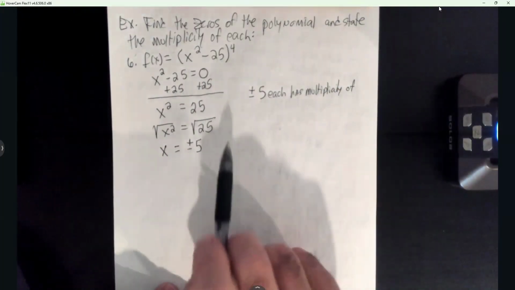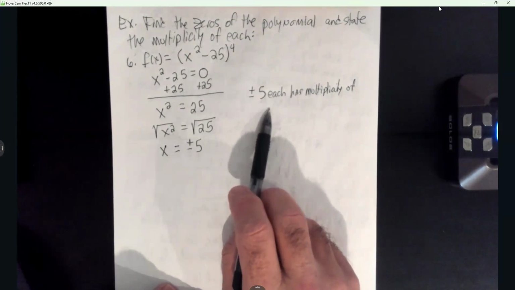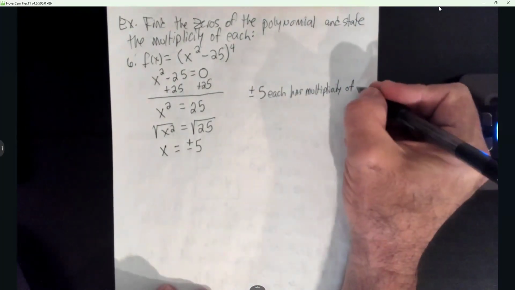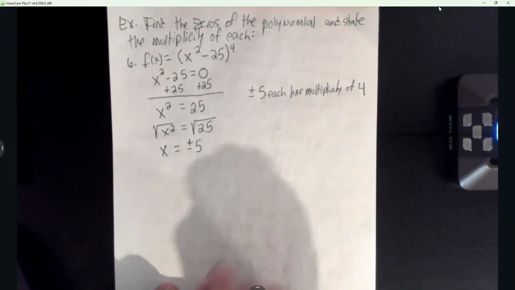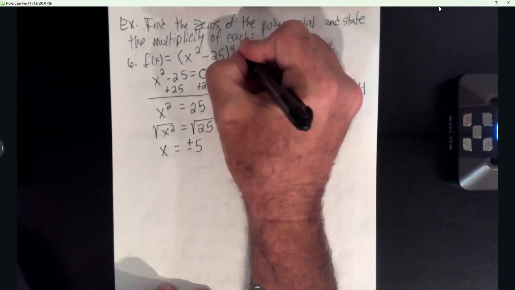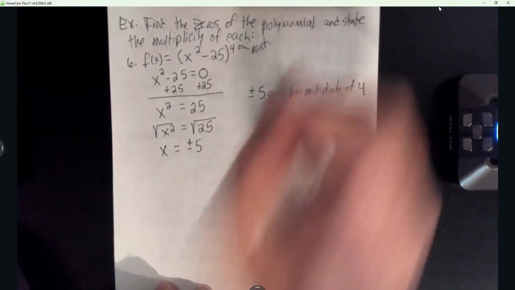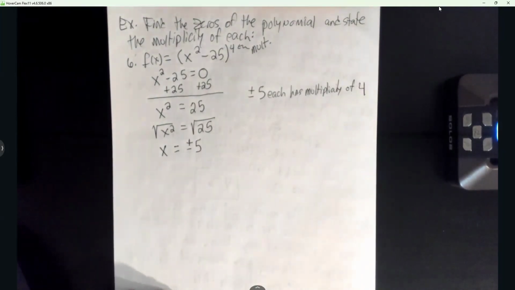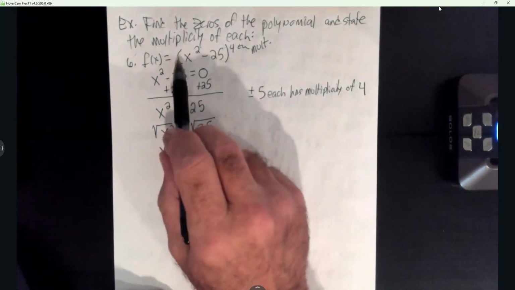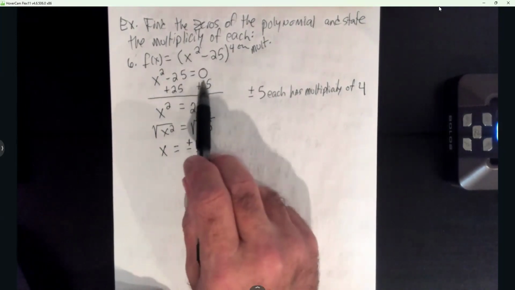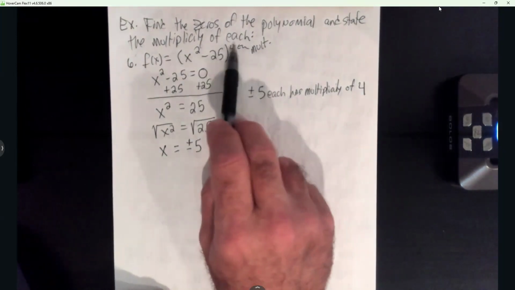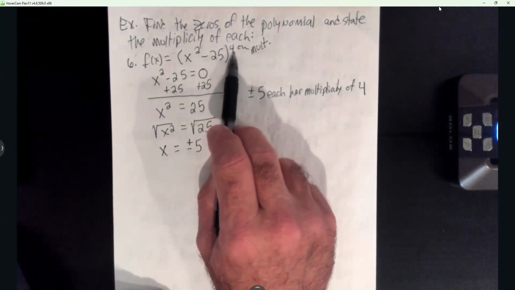So y'all, what's the multiplicity of these two? What did we, okay, good job. It is definitely a 4. So that 4 on the outside of the parentheses became our multiplicity there, okay? So you get the zeros by setting the factors equal to 0, and the multiplicity is those exponents on the outside.